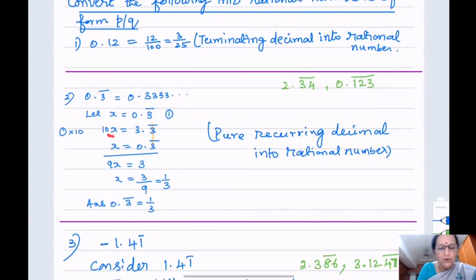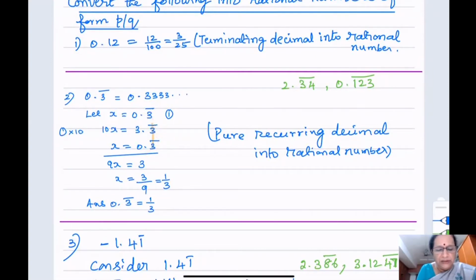So 10x is equal to, when you multiply this by 10, what happens? The 3 alone will be shifted to the whole number part. So it will become 3 point, again this 3 will be recurring. So it is 3.3 bar when you multiply by 10. Already we have assumed x is equal to this. So now when you write the two decimal numbers here, the decimal part should be the same.